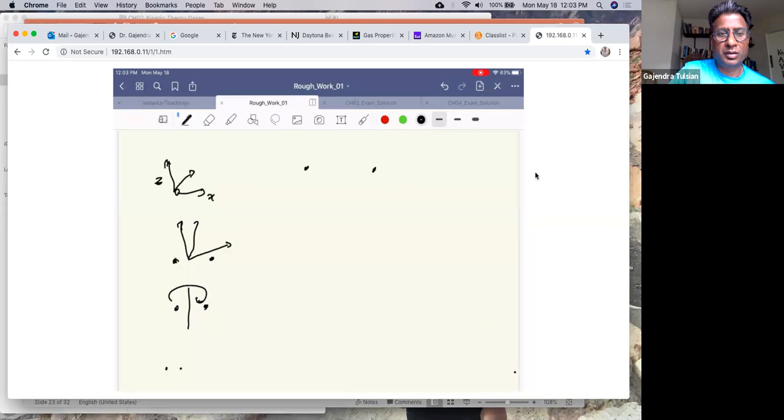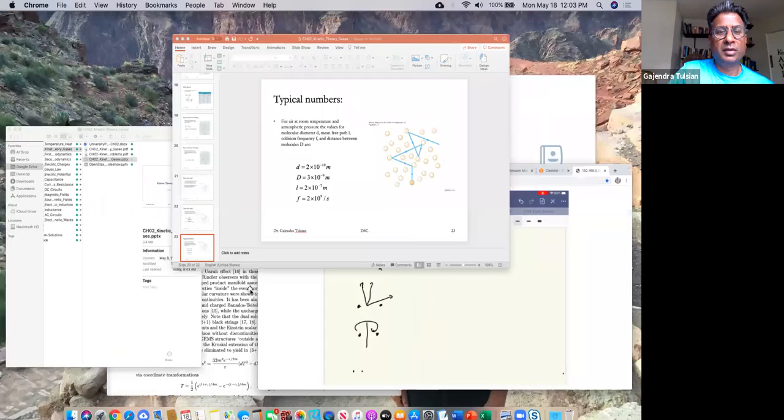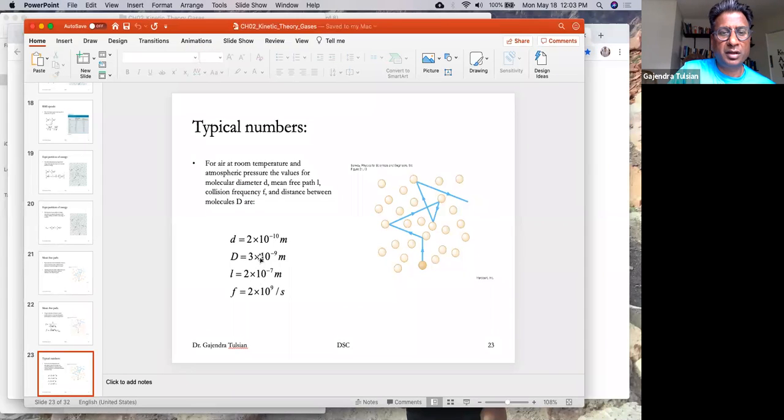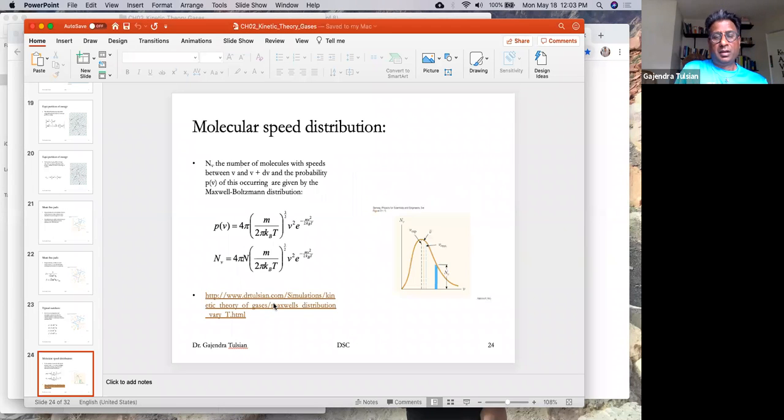That's what the mean free path is: 100 times the average distance between the molecules. If this were the average distance, they would go almost to the end of the screen before they collide. And these air molecules are colliding about 1 to 2 billion times a second. So that's what's happening.